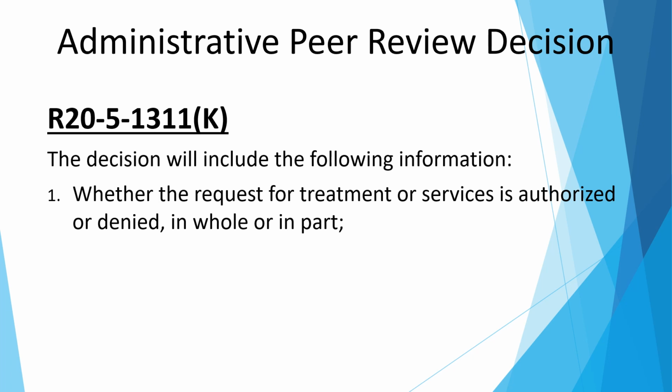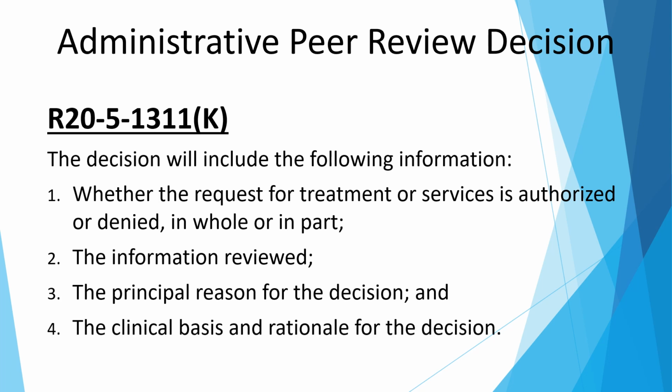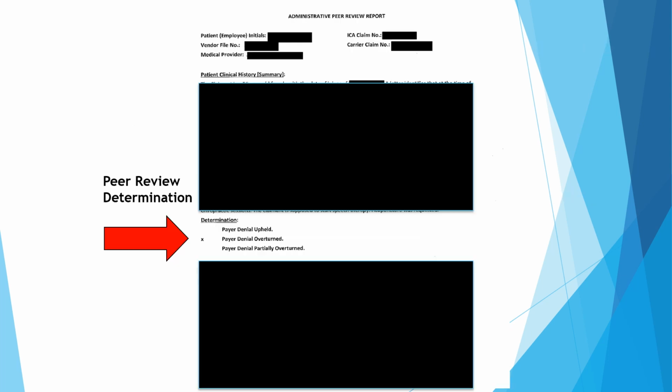In other words, if you denied it, they'll either approve or go along with the denial, or they will overturn that denial. It's going to indicate the information that the individual who performed the peer review looked at, the information they reviewed. It's going to indicate the principal reason for their decision, and finally, it's going to have the clinical basis and the rationale for that decision.